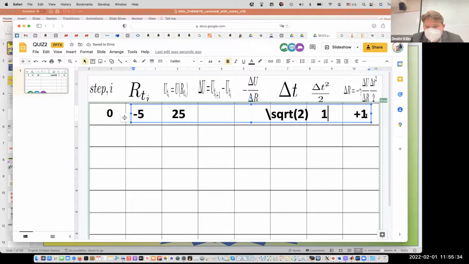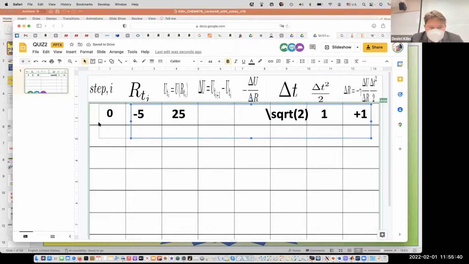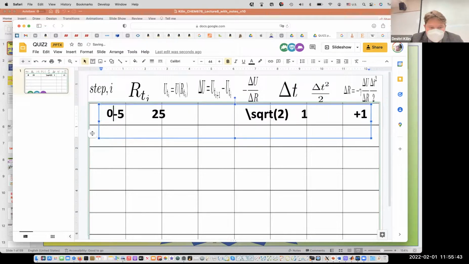And now we need to go to the next line. So step number 1. Since by the initial conditions we set up, we agreed that the initial increment will be +1, we'll go from -5 to -4. At -4, the potential will be 16.